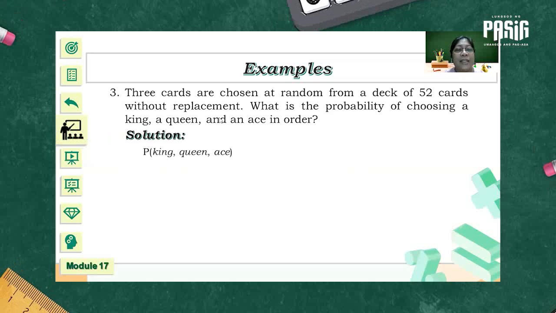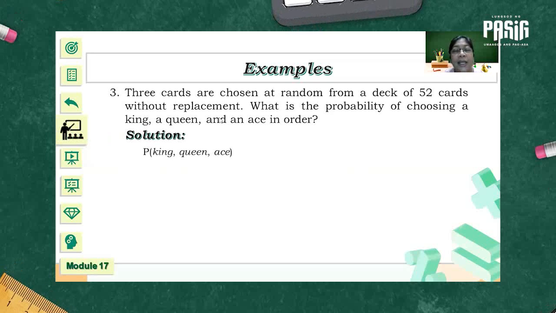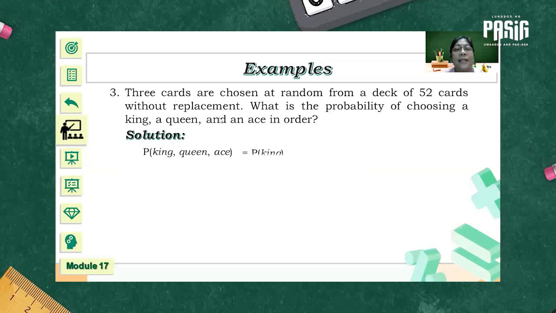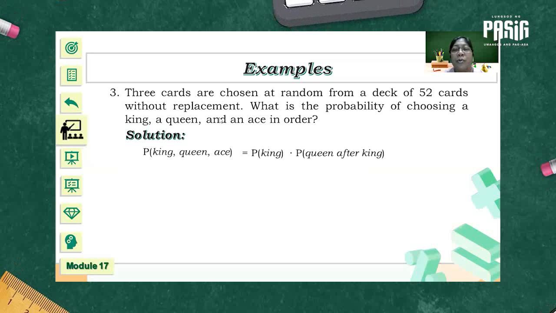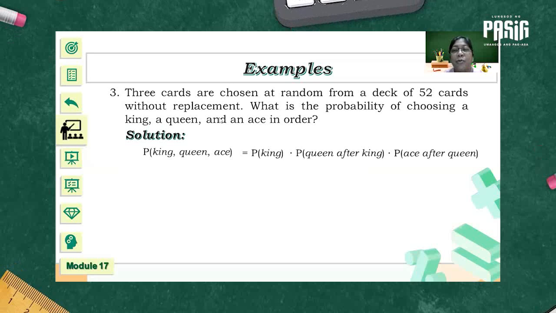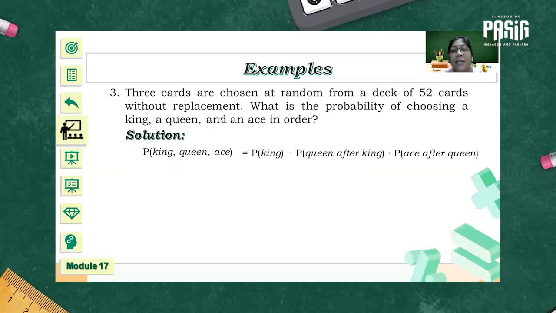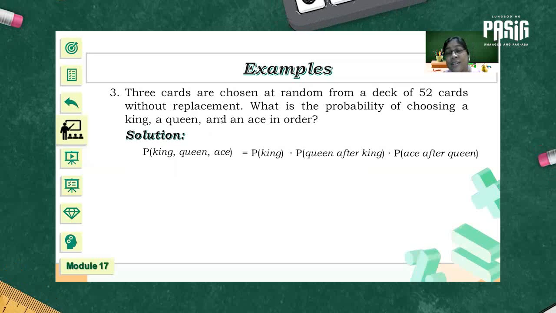So we have to find the probability of getting a king, and then a queen, and then followed by an ace. And that is the probability of king times the probability of queen after king, because the first choice affects the second choice, times the probability of ace after queen, because the first and second choices affect the third choice.